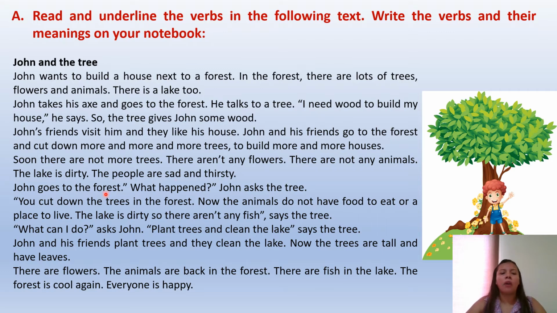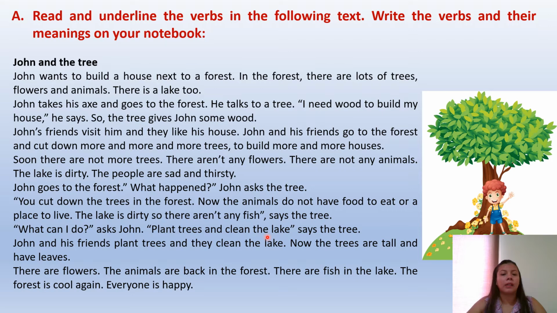John goes to the forest. What happened? John asked the tree. You cut down the trees in the forest. Now the animals do not have food to eat or a place to live. The lake is dirty, so there aren't any fish, says the tree. What can I do? Asked John.